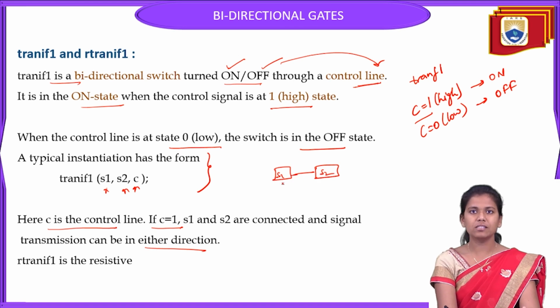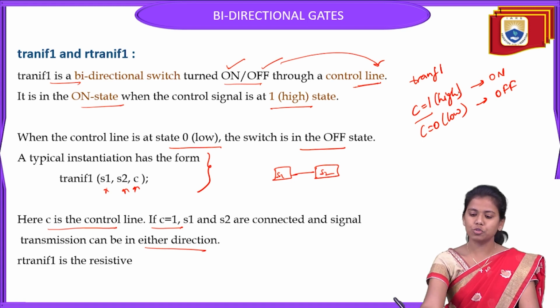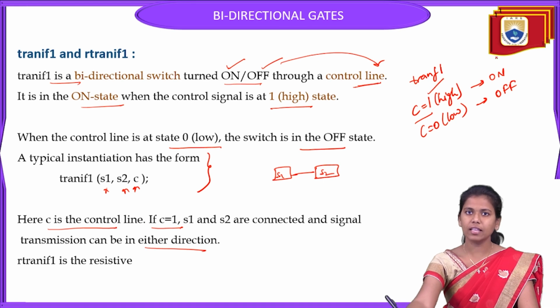The transition gate, this Tranif1 gate, has a control line as well as two selection lines, and these two signal lines can be connected directly. Now the mechanism of switching goes like this. When the control signal is high, the switch goes to the on condition.